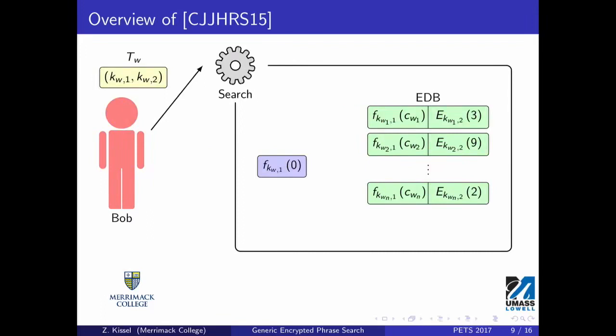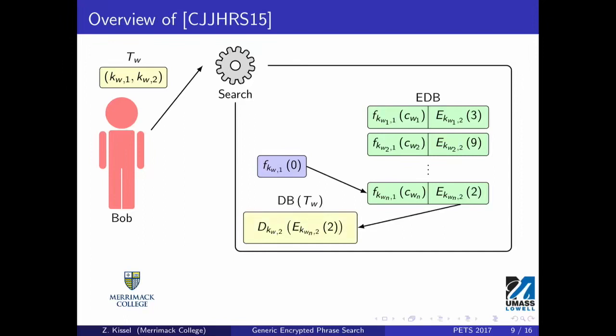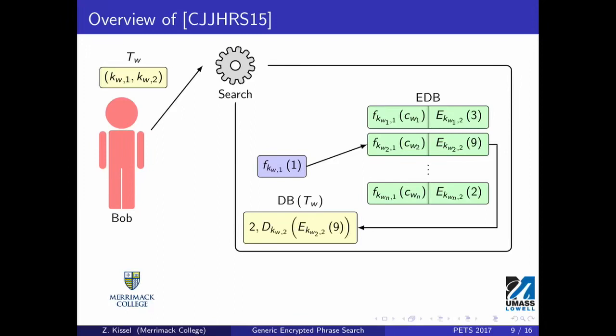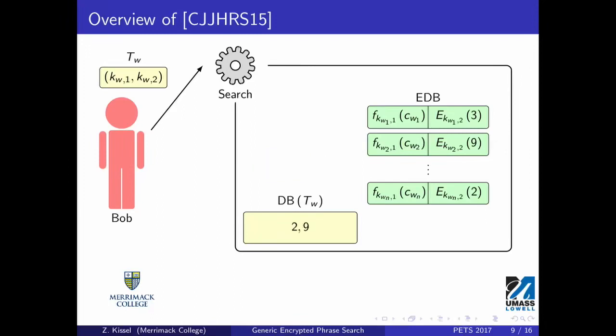by applying the PRF. We then do a constant time lookup into the EDB, and we store off the matching document identifier, decrypting it. We then apply the next pseudorandom label, find that in the encrypted index, return the document identifier, and then we repeat the process one last time.